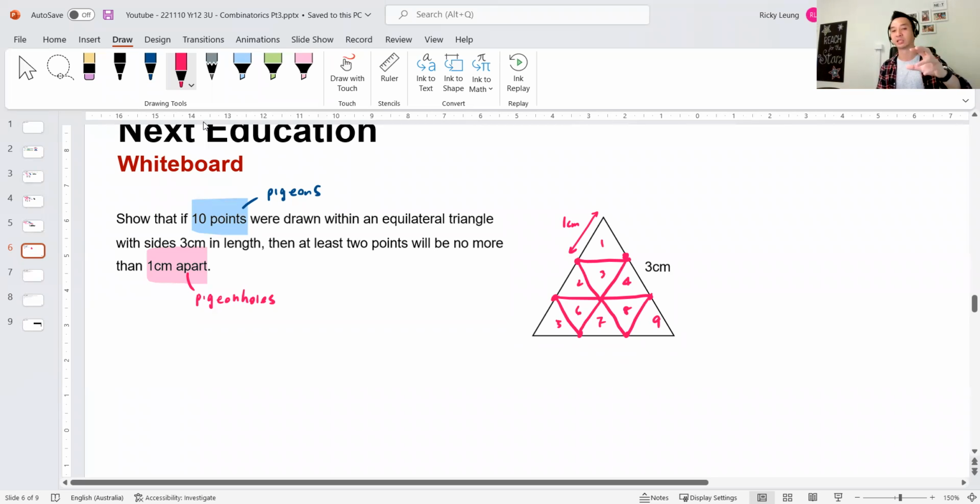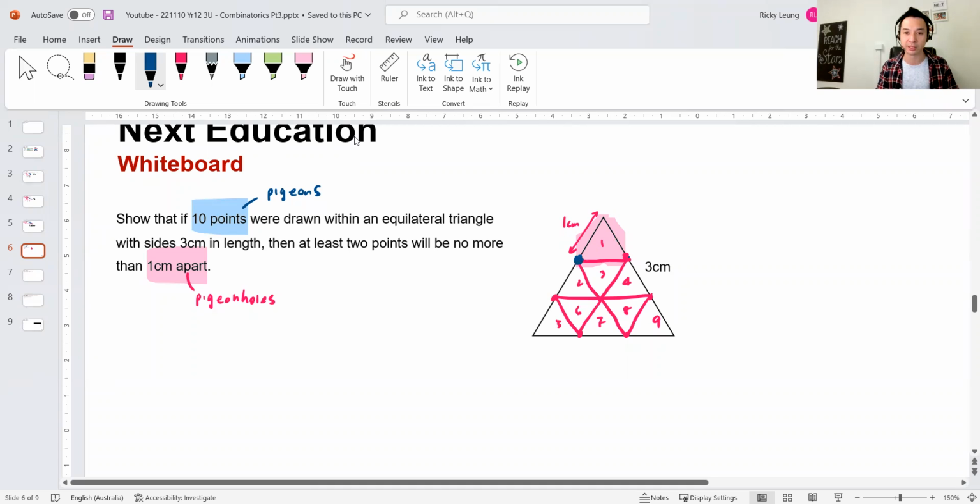And why are these equilateral triangles important? Because within one equilateral triangle, the sides are 1, so if I had 2 dots in here, anywhere, they have to be no more than 1 centimeter apart. Even at the furthest point, where's the furthest?